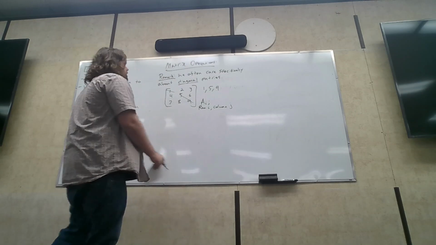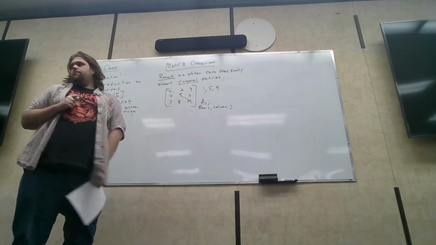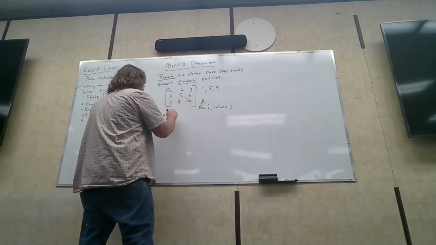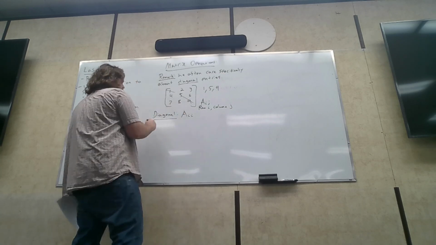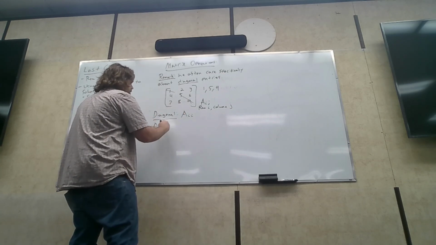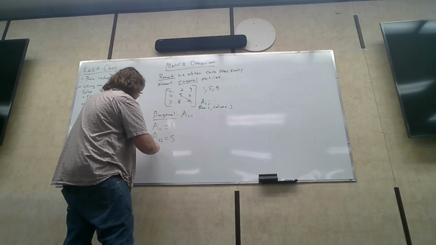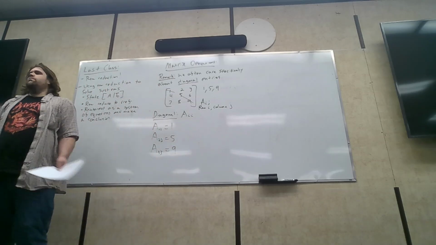So just stuff that makes sense, which means these diagonal entries are identified by these numbers being the same, right? So for diagonals, we would just say it's A_ii. So for this matrix, A_1,1 is 1, A_2,2 is 5, and A_3,3 is 9, because they're just the same thing.